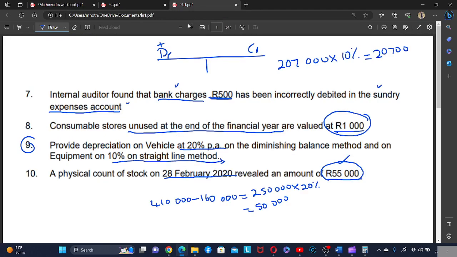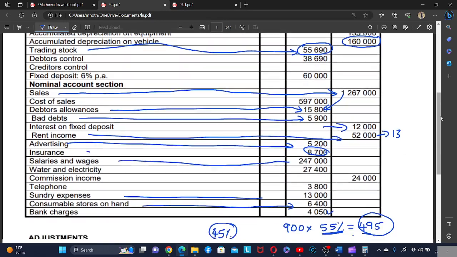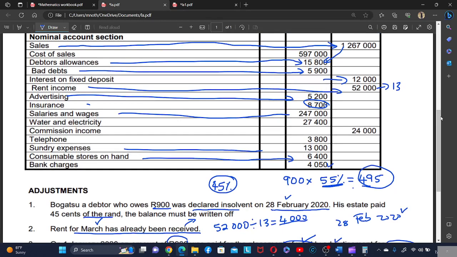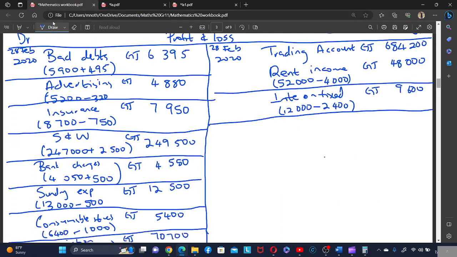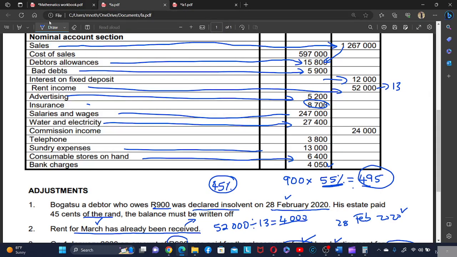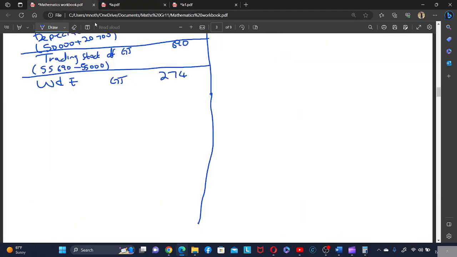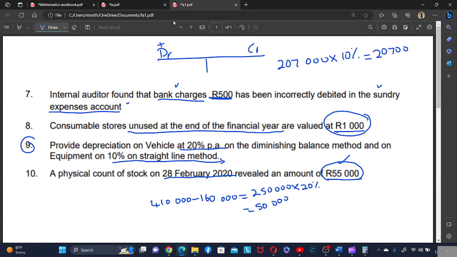So we are done with the adjustments. Let's check if there is any income or expense that was not recorded. We have the water and electricity, which is 27,400. What else is not recorded? Commission income. The income must be on the credit side.